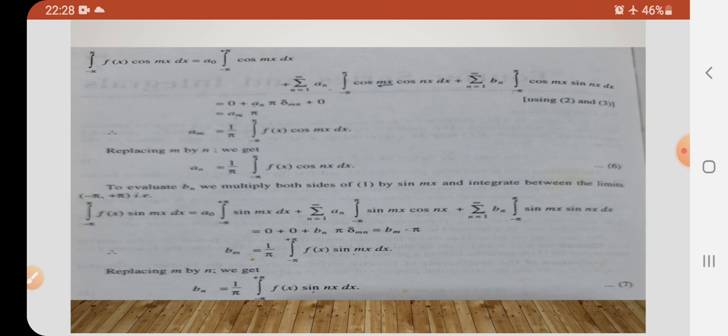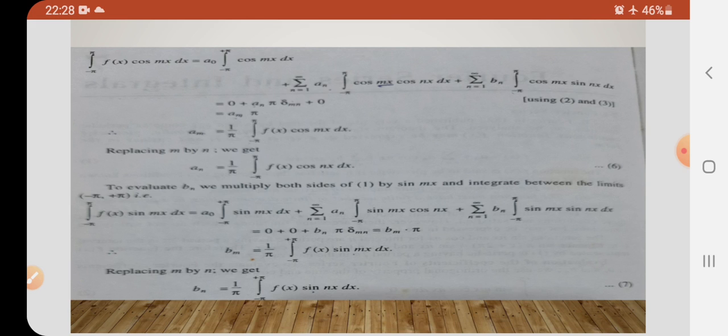This is our second term in the RHS. Similarly, our third term in the RHS we can write as plus summation of n equals 1 to infinity b_n times the integral from minus pi to plus pi of cos mx sin nx dx.